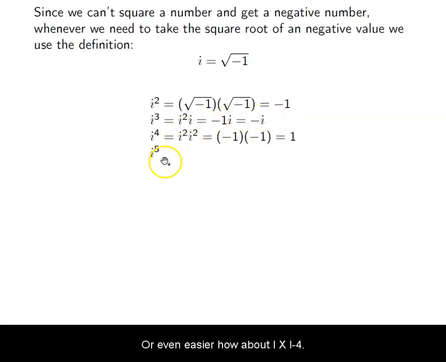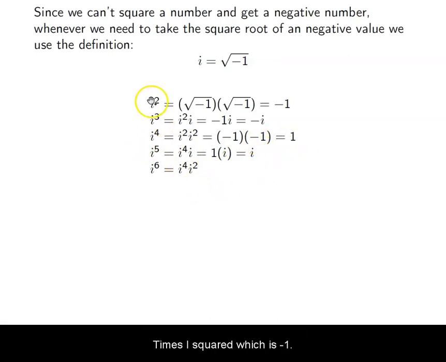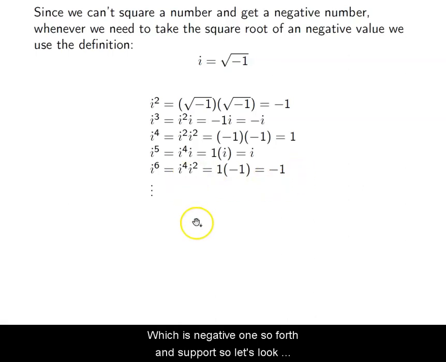Or even easier, how about i times i to the 4th? So that's going to give me 1 times i, or just i. i to the 6th, I can write as i times i to the 5th, okay, which is a little weird. That'll give me i times i, which is the same as i squared, or I can think of this as any other combination of these things, like i to the 4th, which is 1, times i squared, which is -1, which is -1, and so forth.